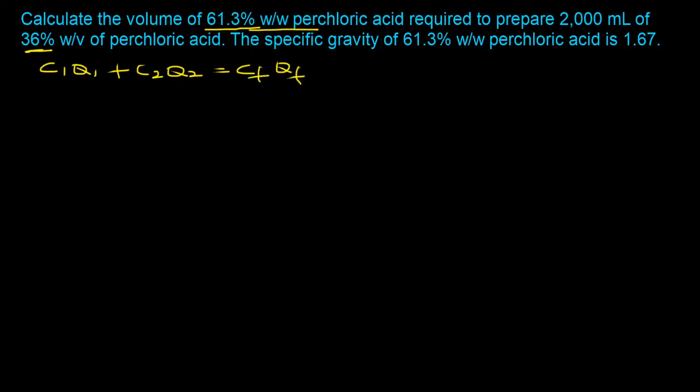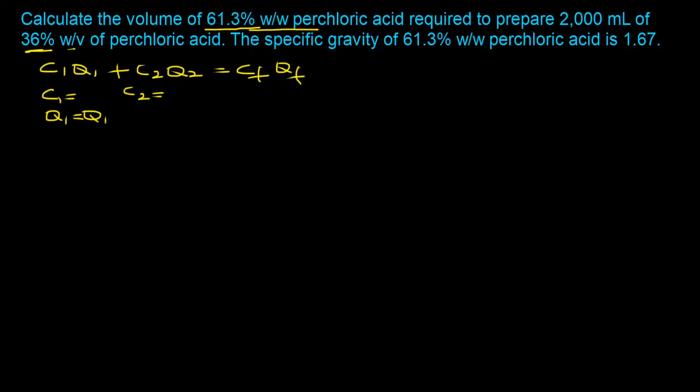And we can identify what our parameters are. So C1 here is actually going to be the 61.3% weight by weight, but we'll just leave that blank for now because we are going to convert the weight by weight so that it matches up with the weight by volume. We are interested in finding Q1. We don't know what that is, so we keep that the same as Q1.